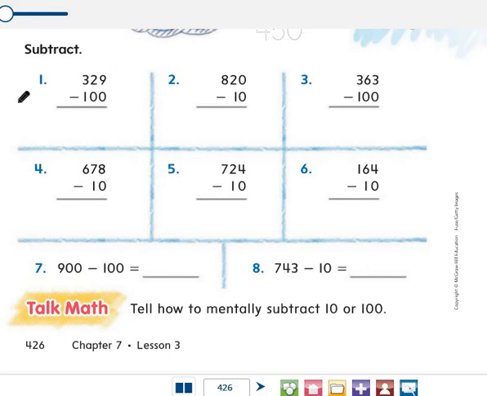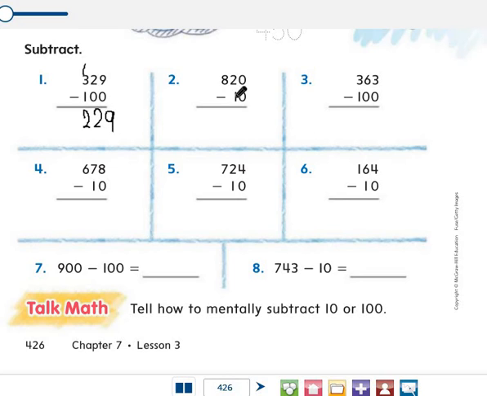Now let's solve question number 1. Subtract 329 minus 100. Since we subtract 100, we will look at this digit. 3 minus 1 equals 2, and we will keep the other digits as is. Question number 2.